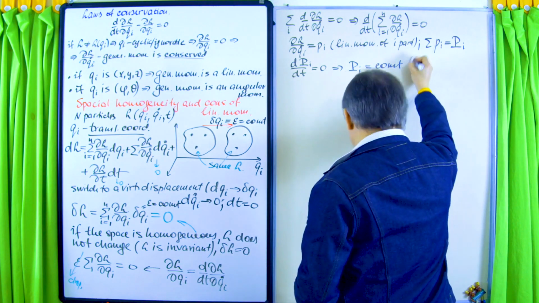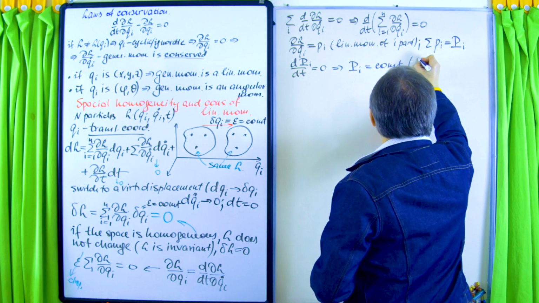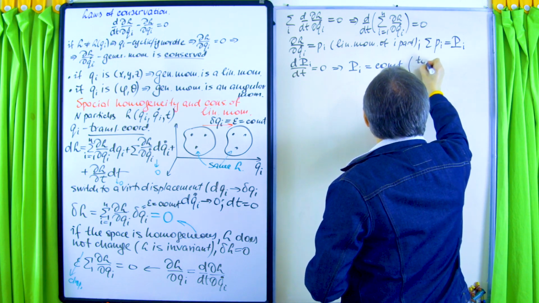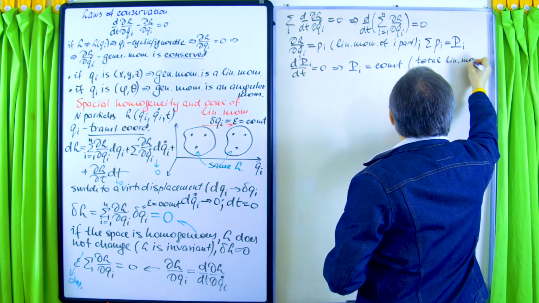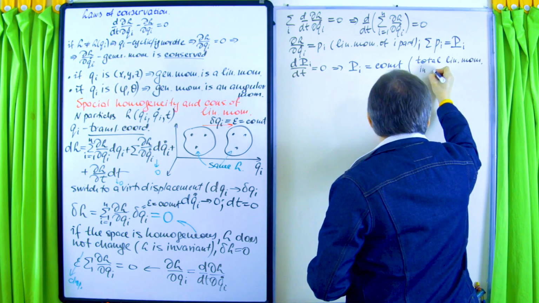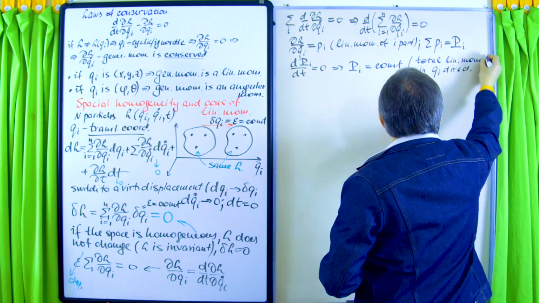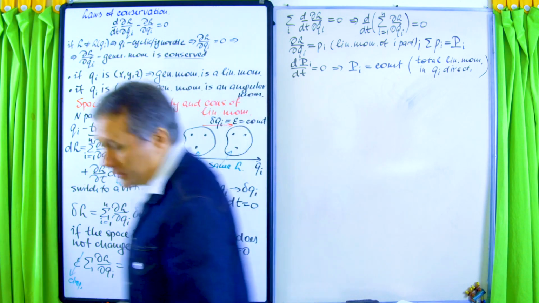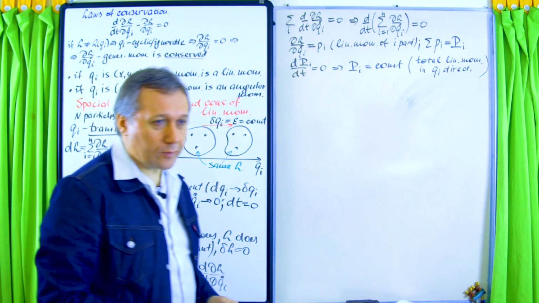So I will add this in words. This is the total linear momentum, in the q_i direction, as I wrote. Of course, if it is x, it will be in the x direction, then the y direction, and so on.